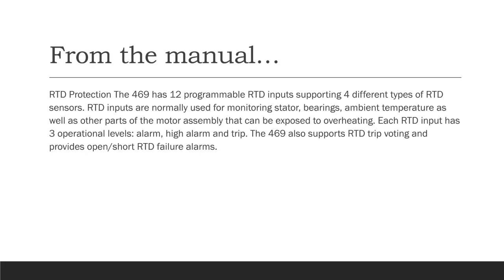We're going to talk about some of these things in a future presentation, like RTD tripping and voting. This particular presentation is focused on how the RTD biasing interacts with the motor thermal model. But there are ways to configure any of our motor protection relays to trip upon a certain temperature.